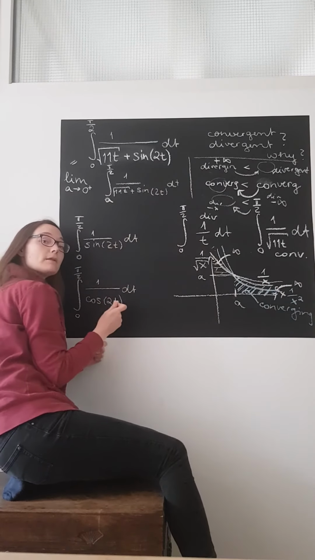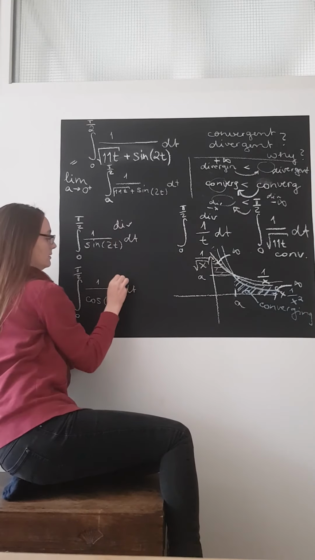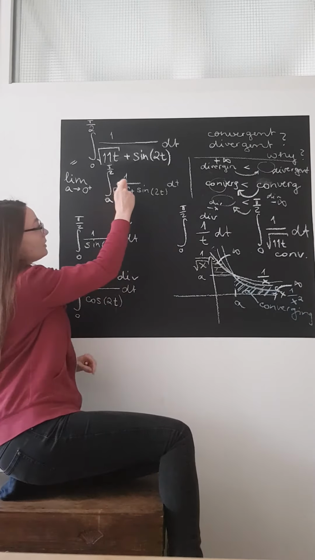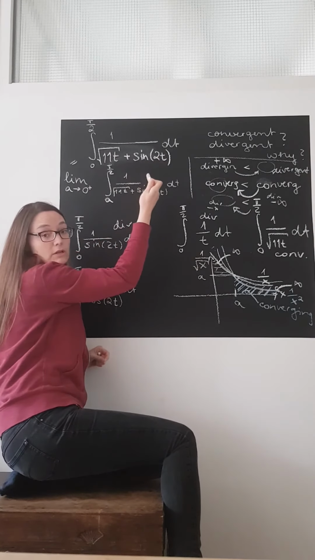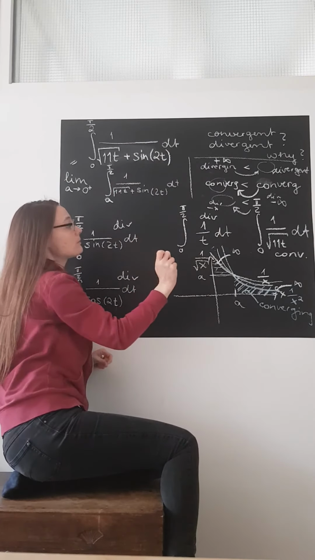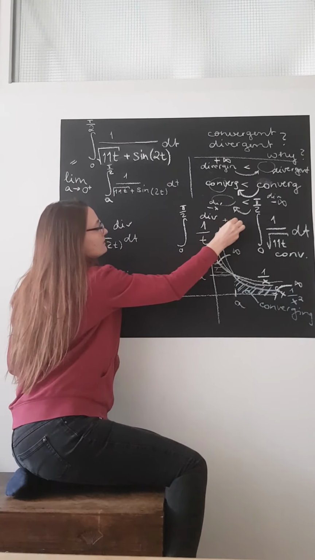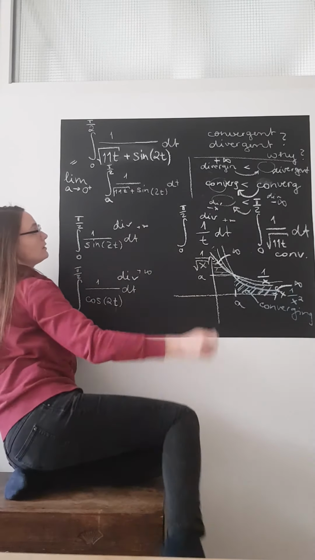Now you need to know that these two are diverging. And now we hope to find that this one is either bigger than one of the diverging ones or it's smaller than the converging one. And these are diverging to plus infinity, plus infinity, plus infinity. So that's why we want it to be bigger.